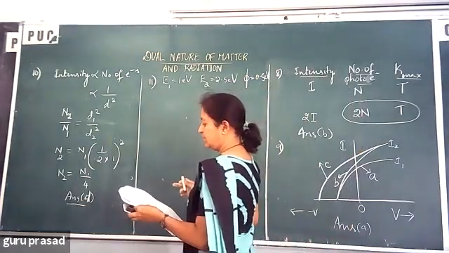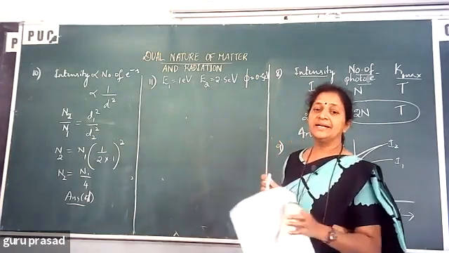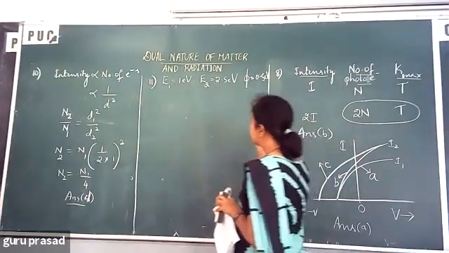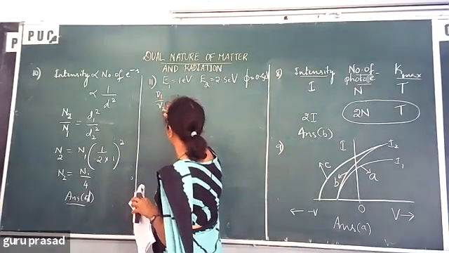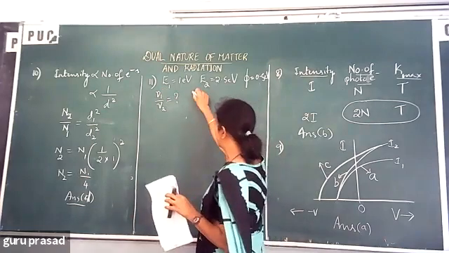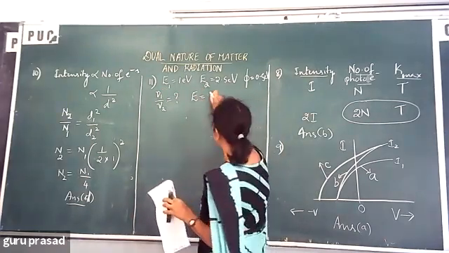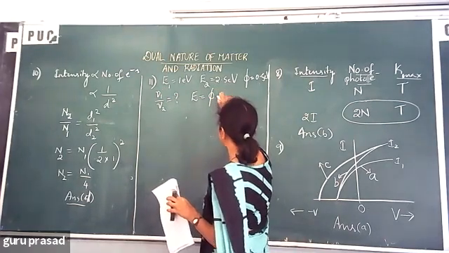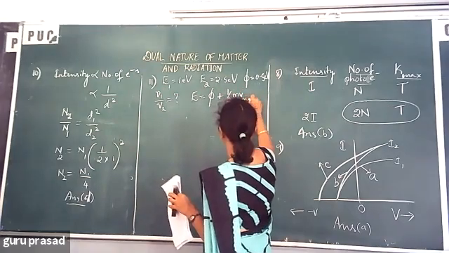What is the ratio of the maximum speed of the emitted photoelectrons? So now we need to find V1 by V2. We have the photoelectric equation: incident energy h nu is equal to work function plus half m V max square.